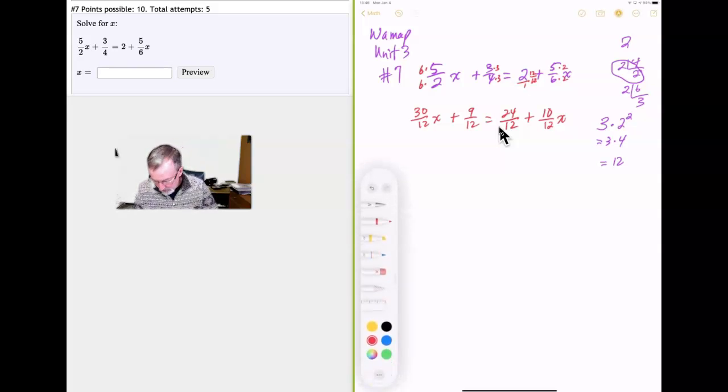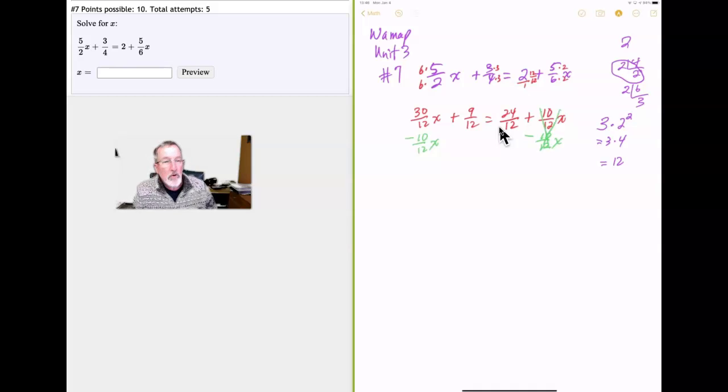Let's get a different color. Let's go with green. We want to keep x positive if possible, so let's subtract 10 twelfths x from both sides. And 10 twelfths x minus itself is going to give us 0 on that side.